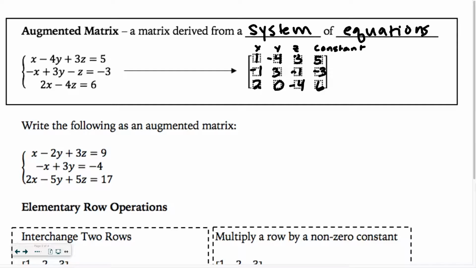So that matrix of numbers represents the system of equations. Now, also something that you need to be aware of, so that when you see it in the book or in our notes here in a little bit, you're not like, what is that?